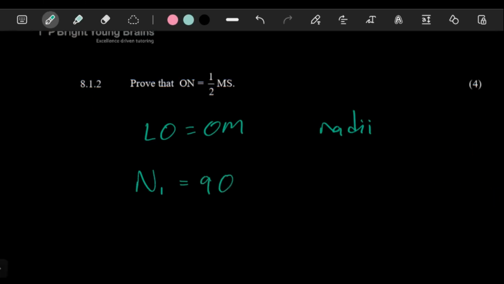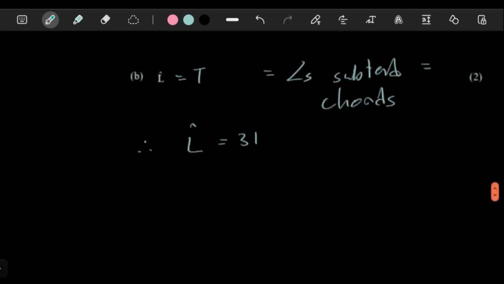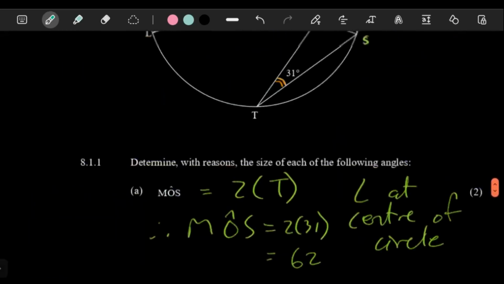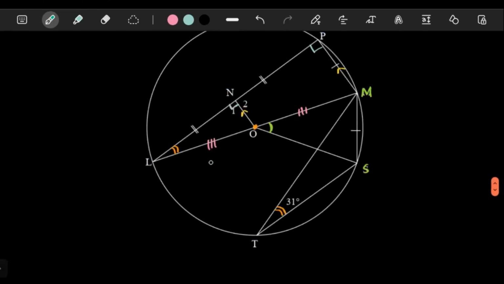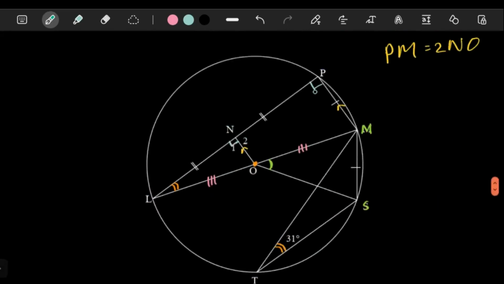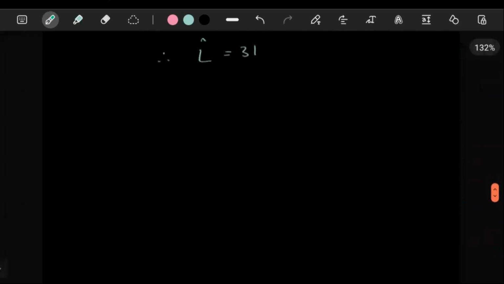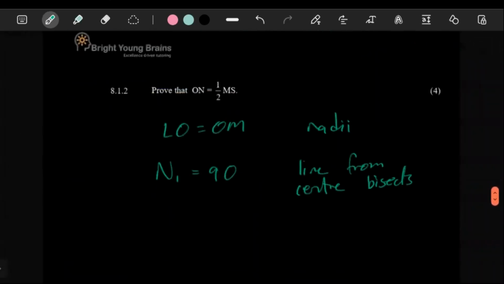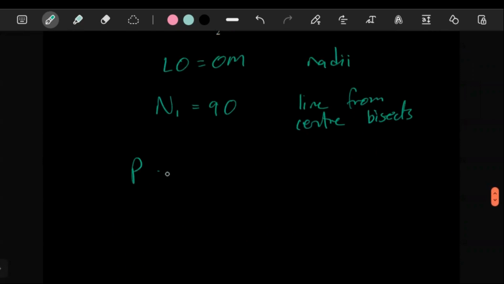The reason is line from center bisects chord. Because all we're mentioning is always all the things we mentioned in the beginning. You see, we're telling them that we know these are equal. Perfect. And then this is 90, right? We need to tell them that this is also 90, the P there, so that we can tell them that those lines are parallel. So P is also equal to 90. The reason is angle in semicircle.